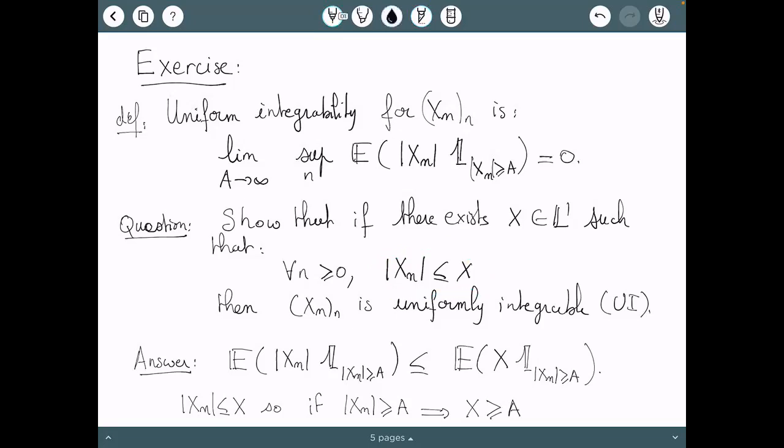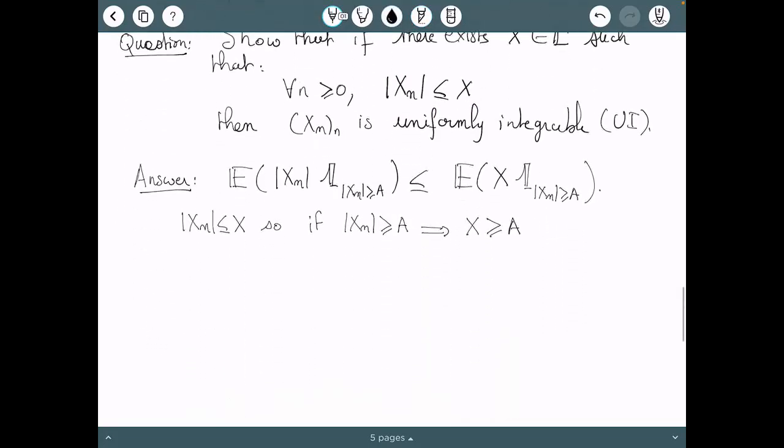And you know that if some set B is included in some set C, then the indicator of B is less than the indicator of C. So the indicator function of xn bigger than a is less than the indicator function of x bigger than a.